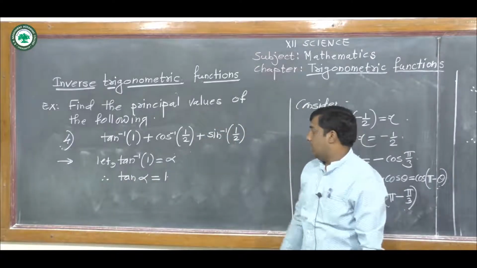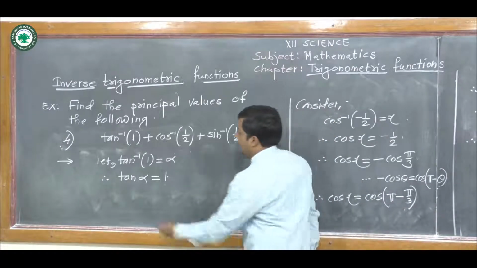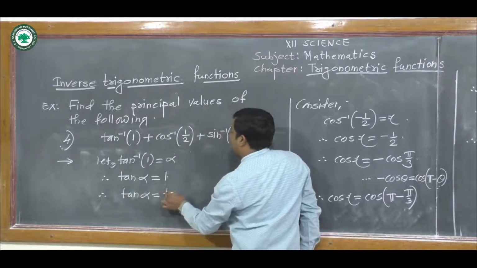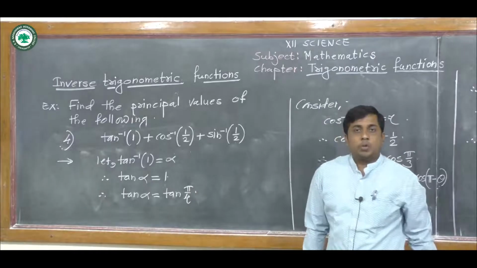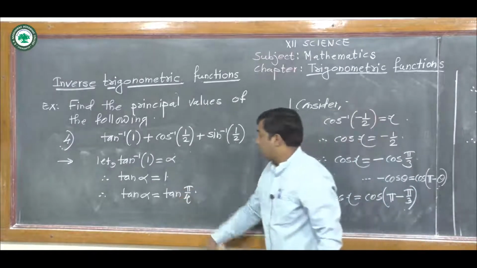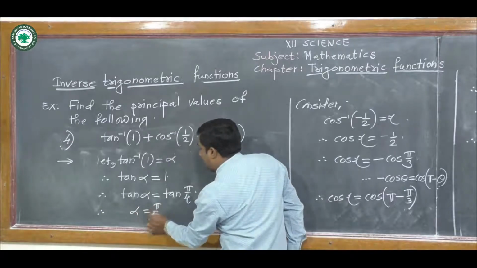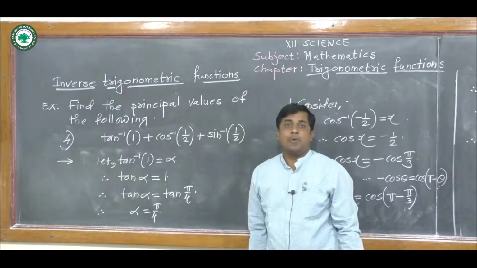Now we know here tan pi by 4 is 1. So here I write this tan alpha is equal to tan pi by 4. Now comparing both the sides, here we get alpha is equal to pi by 4.